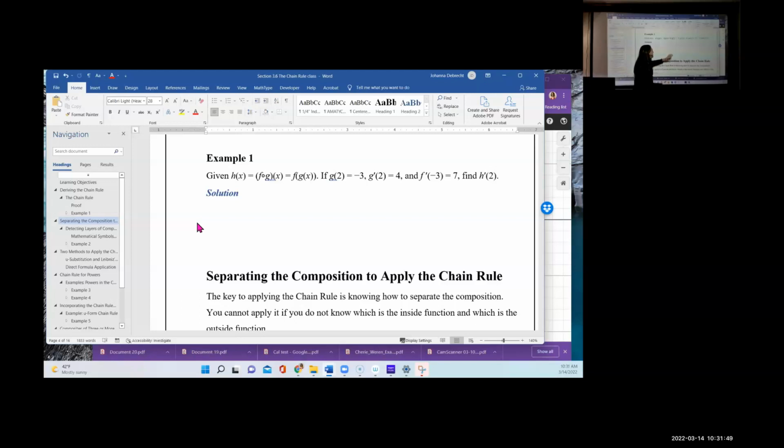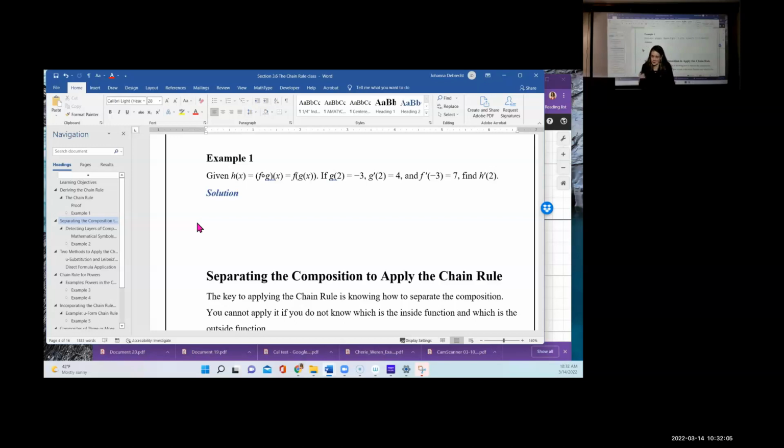This says if g of 2 is equal to -3, and g prime of 2 is equal to 4, and f prime of -3 is 7, find h prime of 2. So what are you supposed to do here?